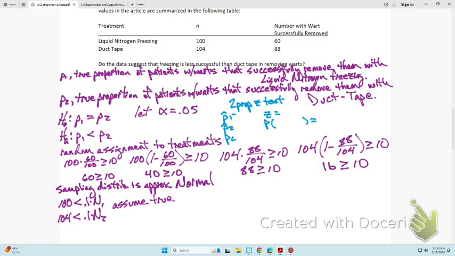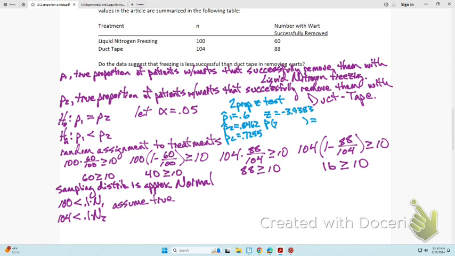So p hat 1 was 0.6, p hat 2 is 0.8462. PC, or just plain old p hat, is 0.7255. The z-score was negative 3.9383.